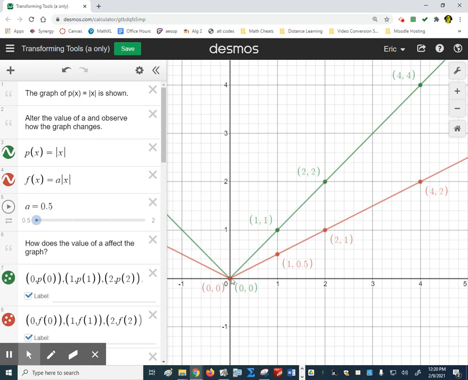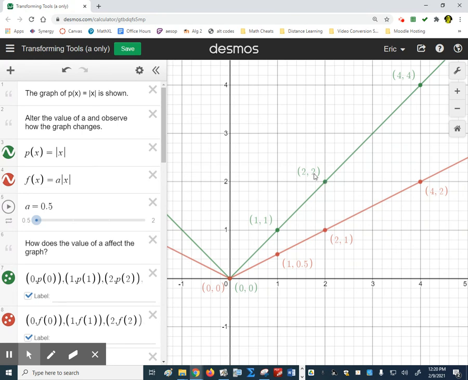So we used to have a y coordinate of 0. Well, 0 times anything is 0. So that one stays put. But look at this point right here. When we went right by 1 on our parent graph, we used to have a y coordinate of 1, but now we multiplied that by 0.5 and we got 0.5 for our new y coordinate. We used to go right from the vertex by 2 and go up 2 on our original parent graph.